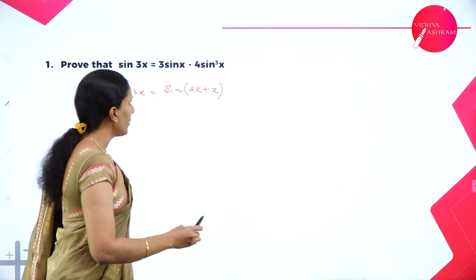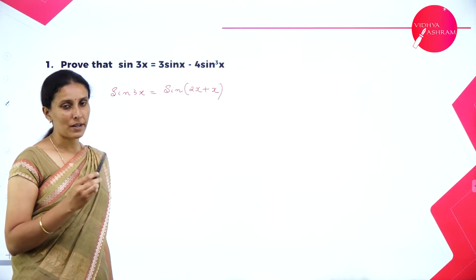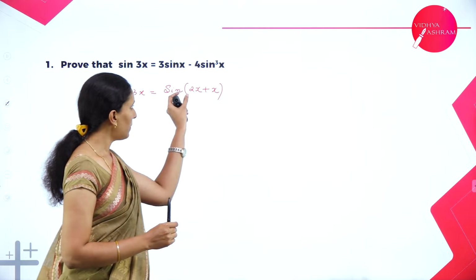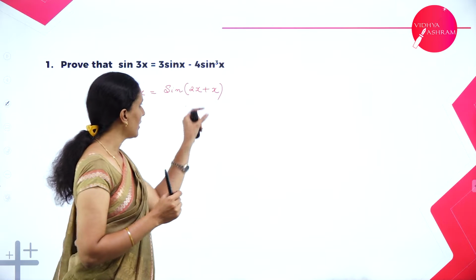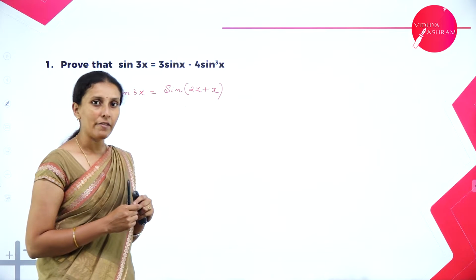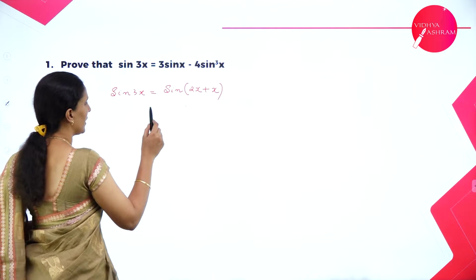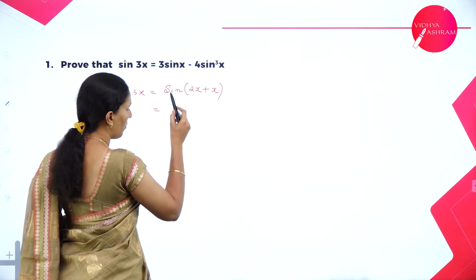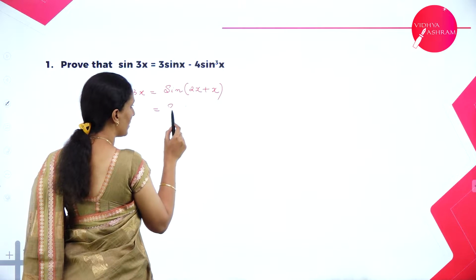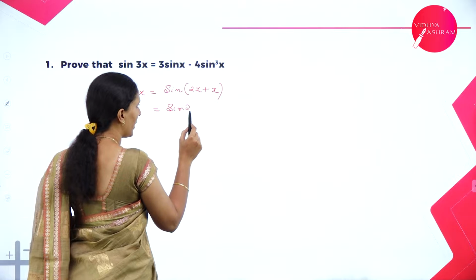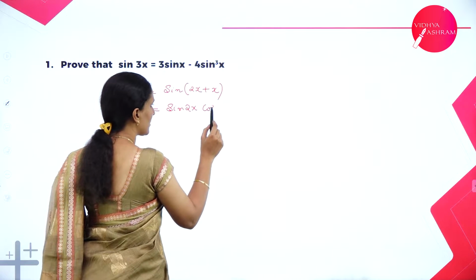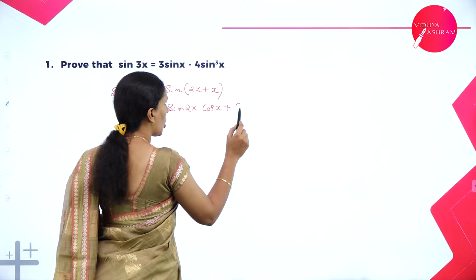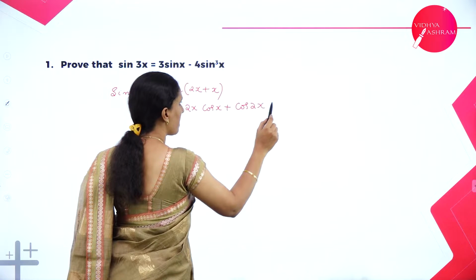Now here we are going to use the sin x plus y formula, but here in the place of x you have 2x, in the place of y you have x. Just convert the formula in the form of sin x plus y. So this can be written as sin 2x cos x plus cos 2x sin x.